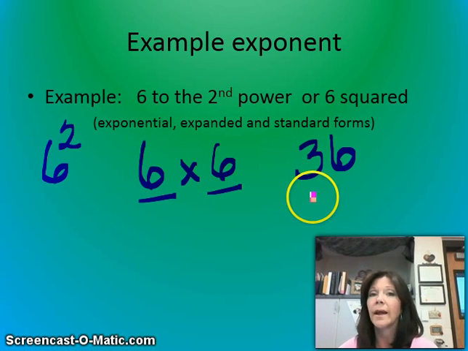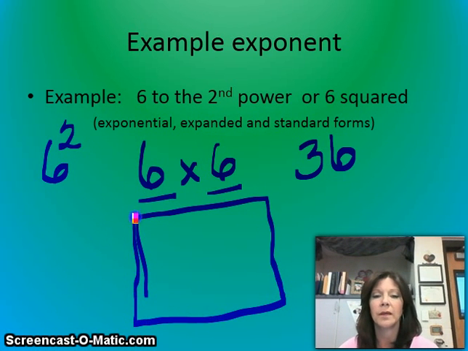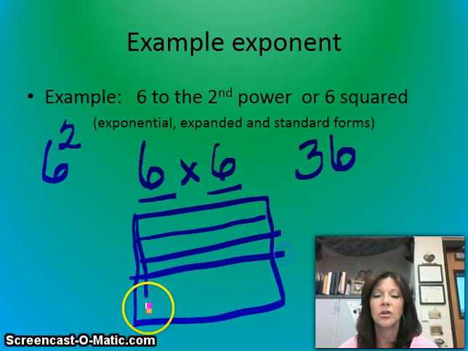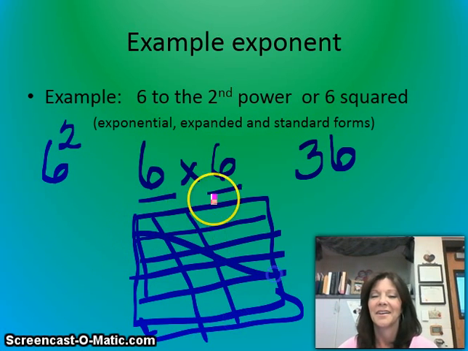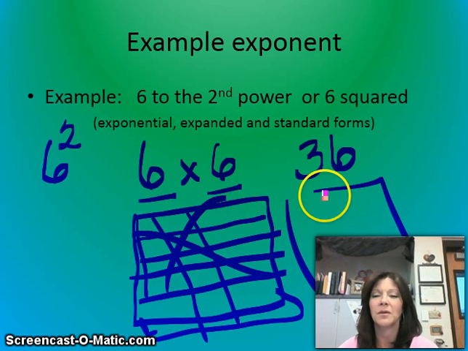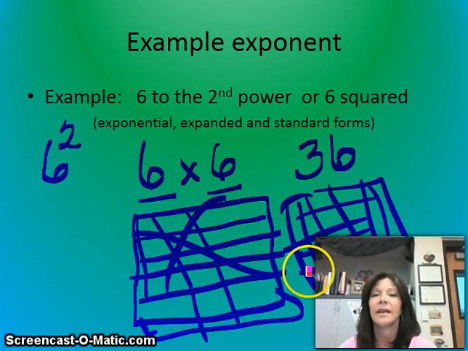Now let me show you why they call it 6 squared. If you were to demonstrate and draw a picture for me, and I'm not very good at this, I'm not really an artist, and you were to lay out some cubes, if you had a square and there were 6 rows and 6 columns, it would make a perfect square with 6 across and 6 down.